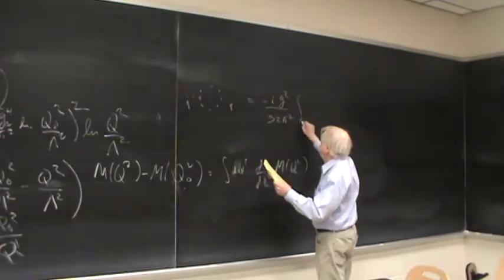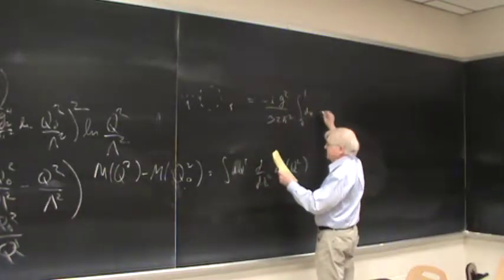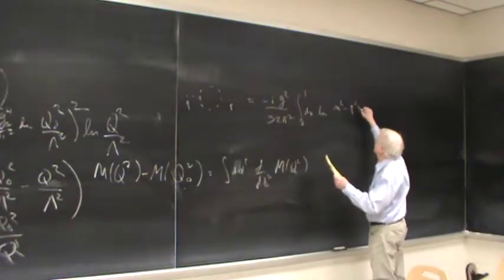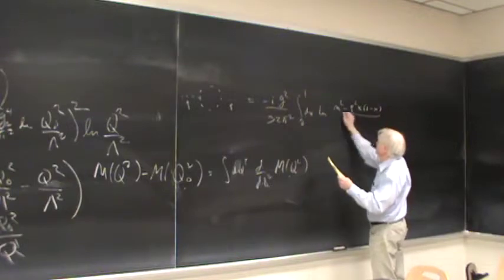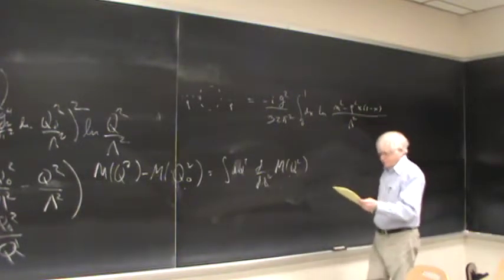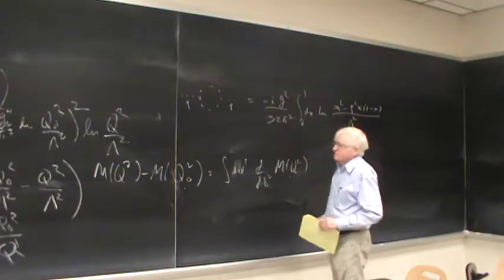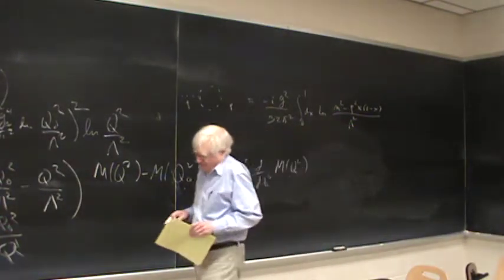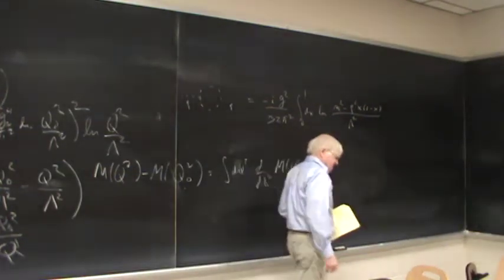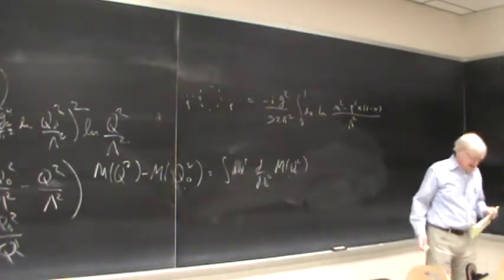It's this integral 0 to 1 dx log of (m squared minus t squared x(1 minus x)) over lambda squared. Okay. So now we're going to jump from phi cubed to scalar QED.